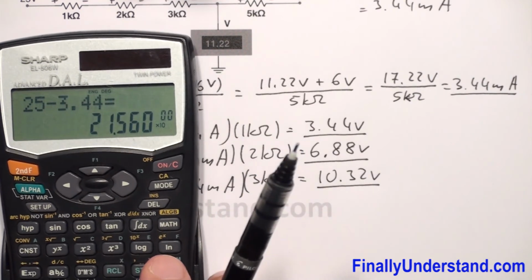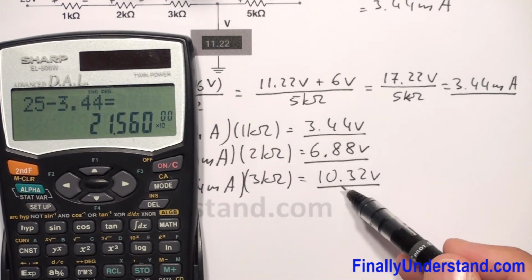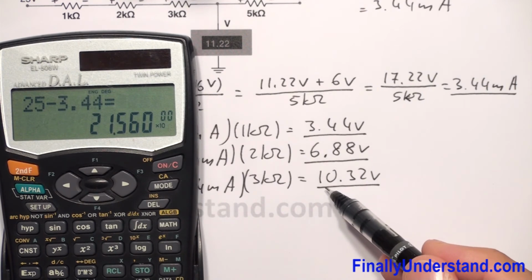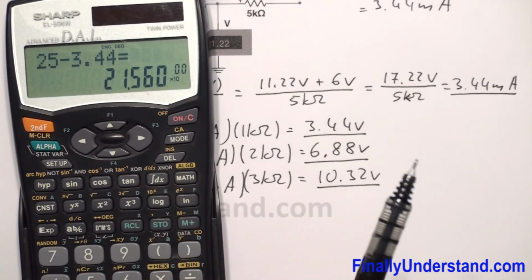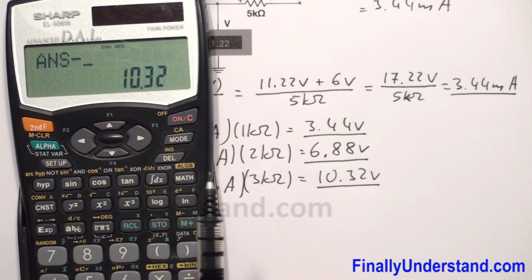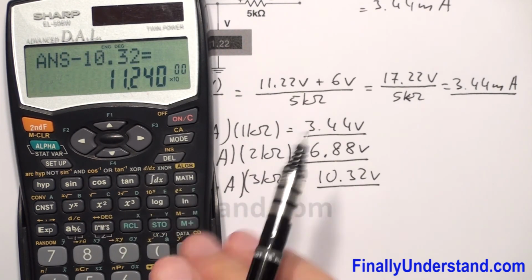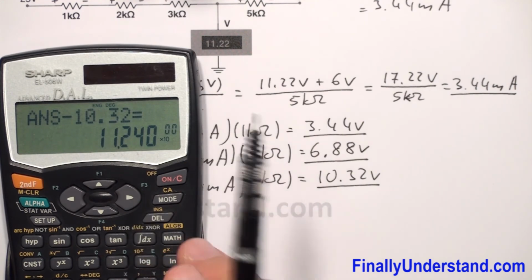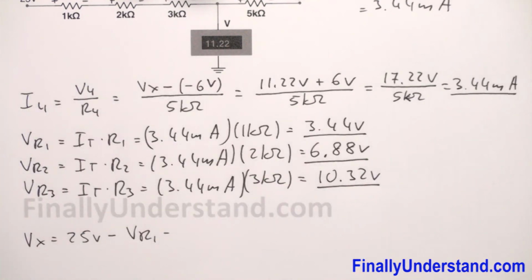So what I'm going to do is subtract right now the voltage across resistor R3. So this is minus 10.32. This is equal to 11.24. I would say this is VR3.